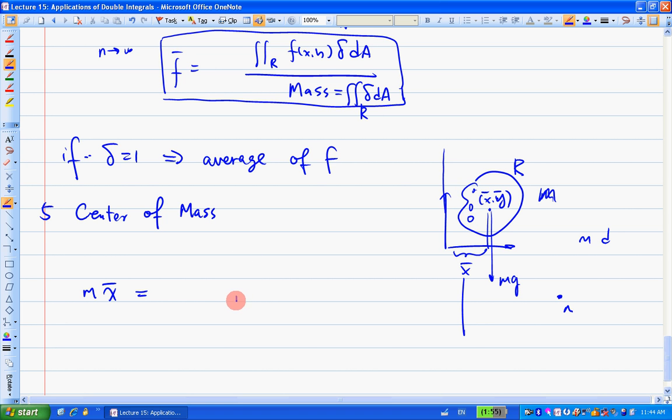It's the mass of that small area, meaning delta A multiplied by the density. I'll write it differently: delta of x_k, y_k times delta A. That's the mass for one small area. The mass of this one small area multiplied by which quantity gives me the moment?